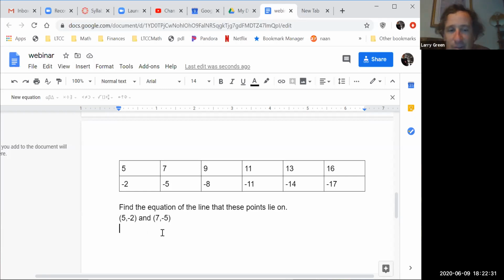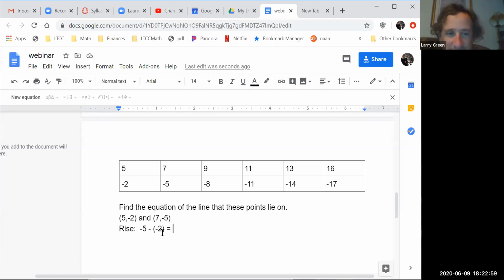Yeah, the rise over the run. So the rise is the difference in the y values. That's going to be -5 minus -2. What's -5 minus -2? We had a section on this where we talked about how you subtract signed numbers.